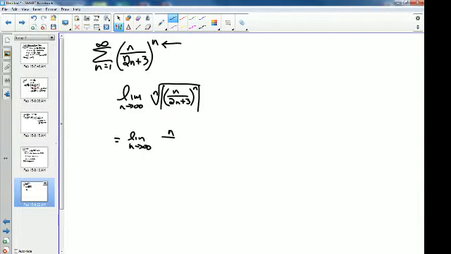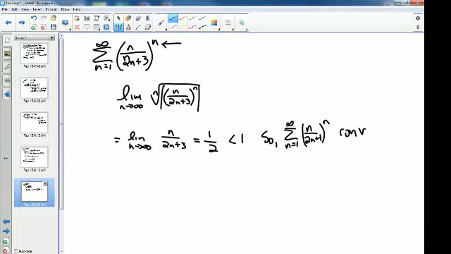It's just n over 2n plus 3, which is 1/2, so the series converges.